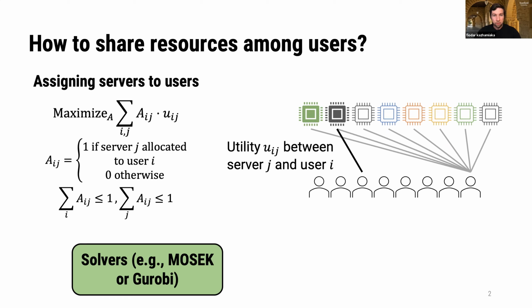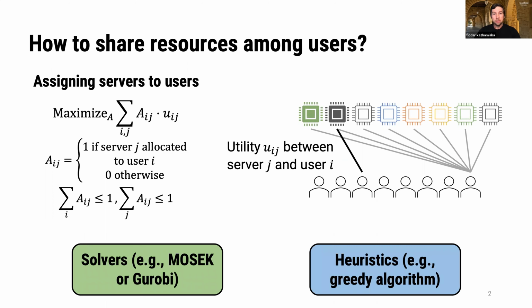For example, we could directly use a modern state-of-the-art solver like Mosaic. This would take a long time to run, several hours for thousands of users and resources. Or we could devise a heuristic, such as a greedy algorithm, to try and solve this problem. This could do okay, but might also get stuck in a local maxima and never find the true optimal solution.